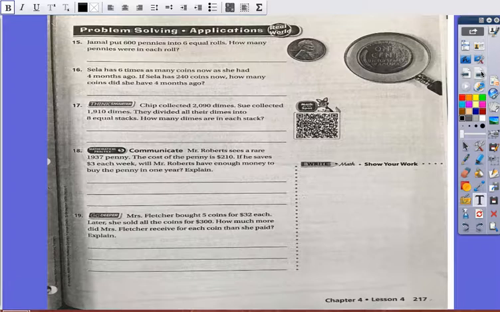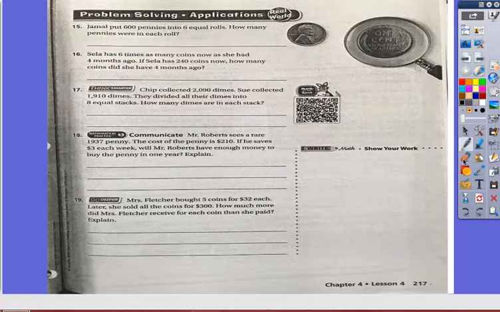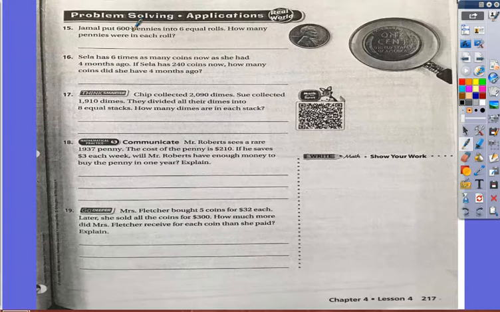Let's see if we can do one of these. Jamal put 600 pennies into 6 equal rows. Again, here we are putting something into groups, so right away I'm thinking division. How many pennies were in each row? First, I'm going to highlight any information that I think is valuable: I have 600 and I have 6 equal rows.